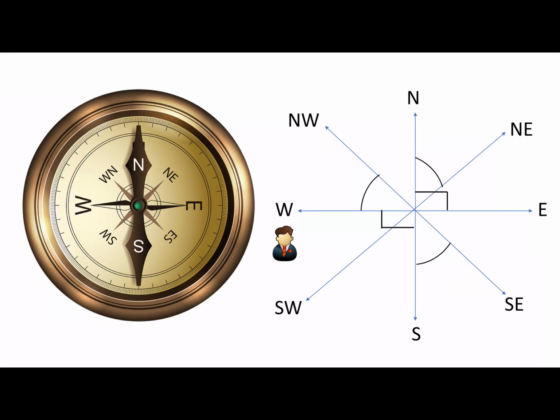Or let's say he has another friend who is somewhere on the north of him. Where will his friend be? Somewhere there. Okay? So these directions, north, south, east, west, are very important. So make sure you know which direction is where.